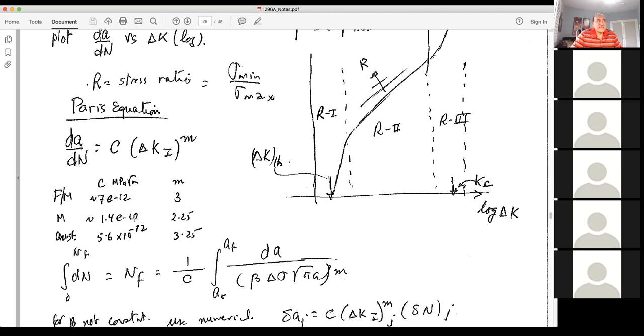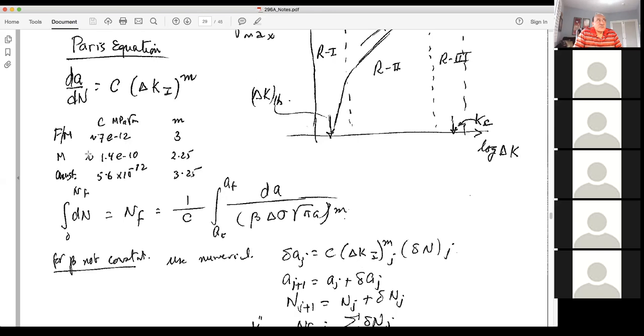For martensitic steels, it's a different number. For austenitic, it's a different number. So we have those available for us. If we're using an aluminum alloy or a titanium alloy, then we must find that information from the literature to be able to determine the crack growth rate. And the way that we would do it is basically we have a first order differential equation, dA by dN, and we solve it either analytically or numerically.